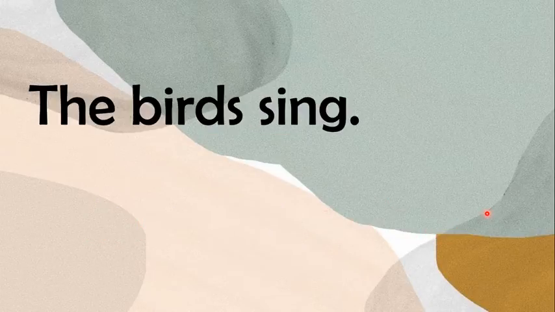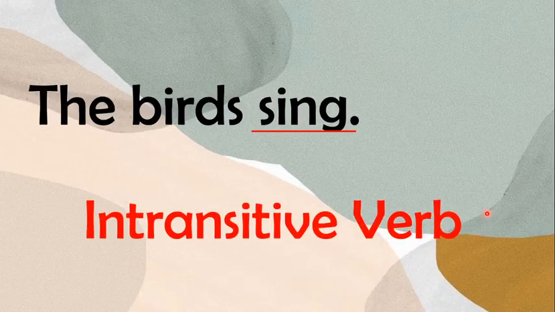And the last one, the birds sing. Here we have sing as the verb. Does it need an object or direct object? No, which makes it also an intransitive verb. Did you get the difference between intransitive and transitive verbs? Alright, let's now move on with the next one.